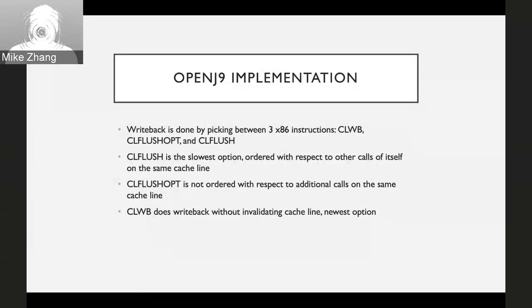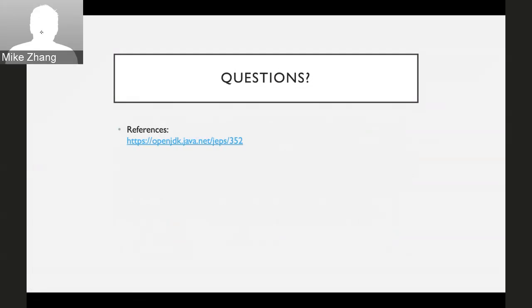However, I think it was introduced in the instruction set with Skylake, but it only actually became available in the next optimization. So not many machines will actually have that option. But OpenJ9 will check the processor capabilities and pick the latest one that is actually available. And that's actually it for this presentation.